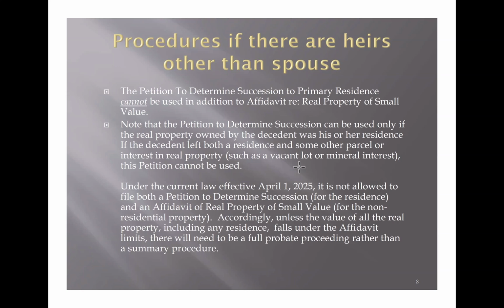That means there would have to be a full probate proceeding and no summary proceeding would be available for that estate, unless all the value of both the house, all the real property, meets those low limits that apply to the affidavit of real property of small value. And not very many do, because there are not very many houses worth under 60-some thousand.